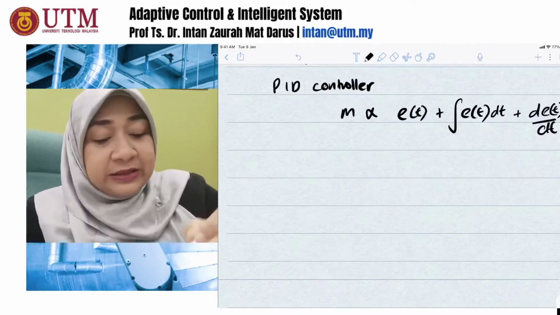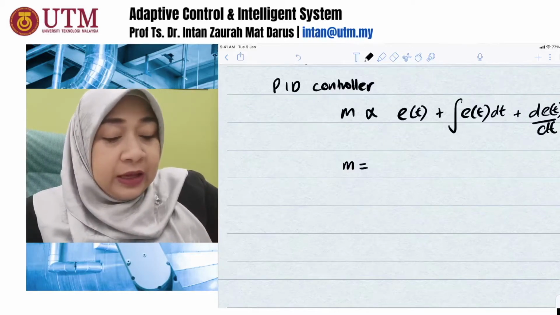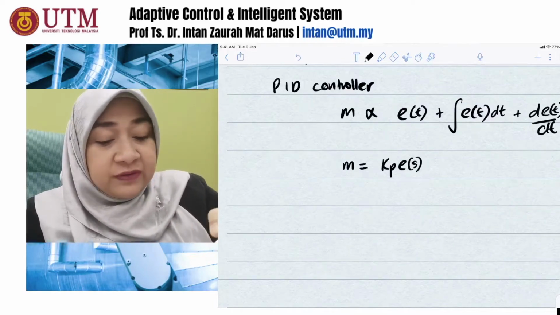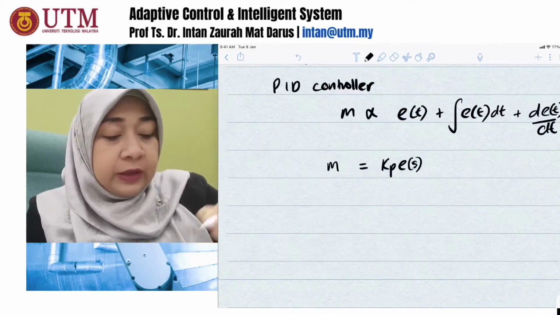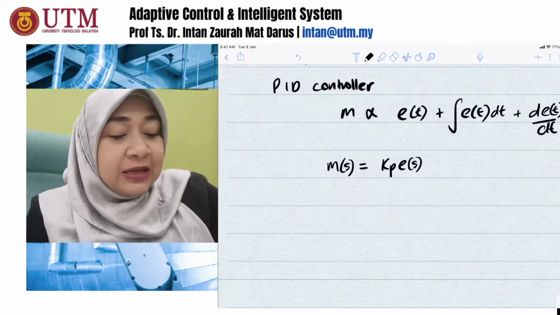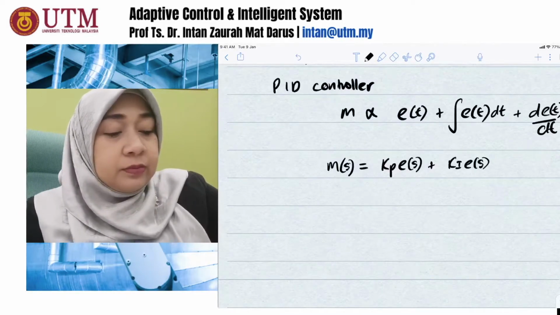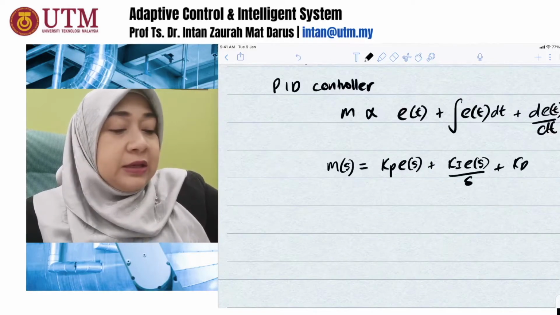But I can simply summarize that it is equivalent to Kp multiplied by your error E(s). Let's just immediately take the Laplace transformation and do the conversion straight away: Kp E(s) plus Ki E(s) over s plus Kd s E(s).